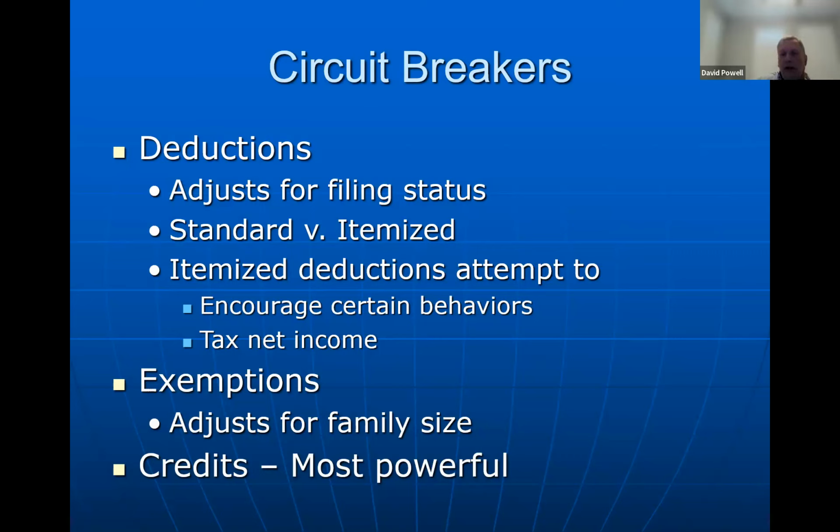So if you claim the standard deduction, you will not itemize deductions such as the interest you pay on your home mortgage. You will not itemize deductions such as your donations to charities. Itemize deductions such as medical expenses. Just take that standard deduction. You'll then subtract that standard deduction from your adjusted gross income, which will then lower the amount of income that you need to pay income taxes on.